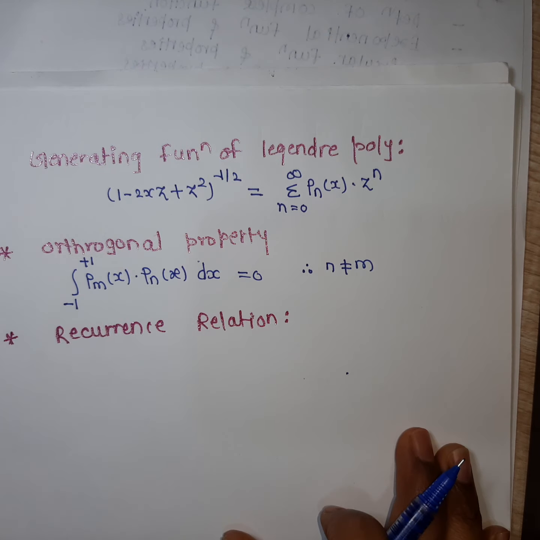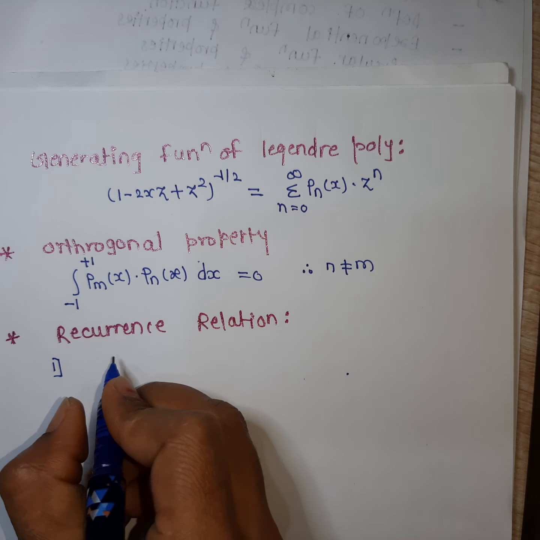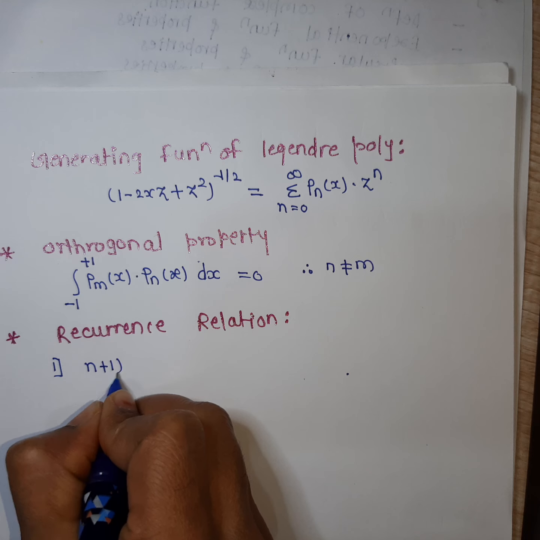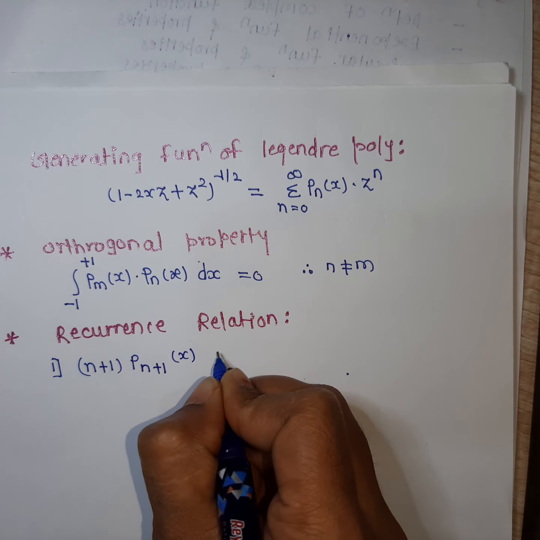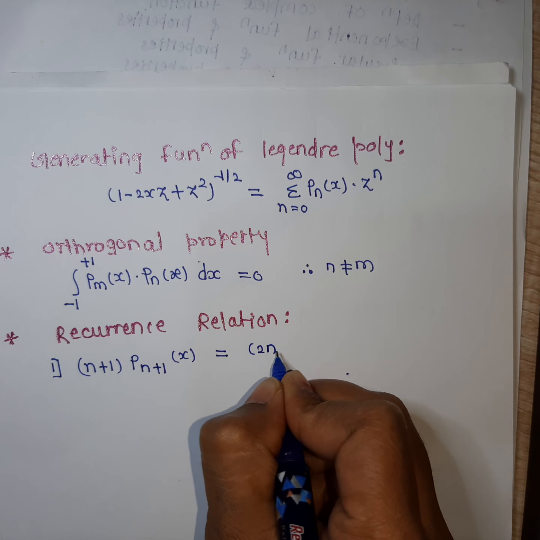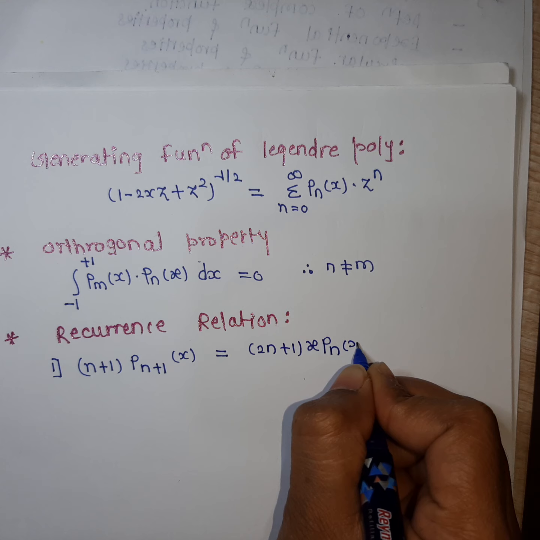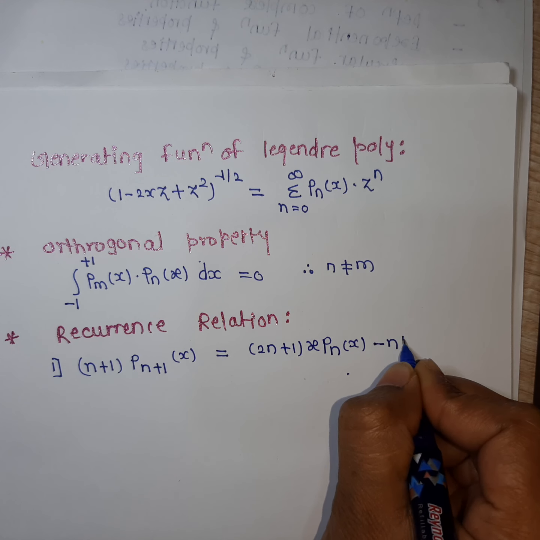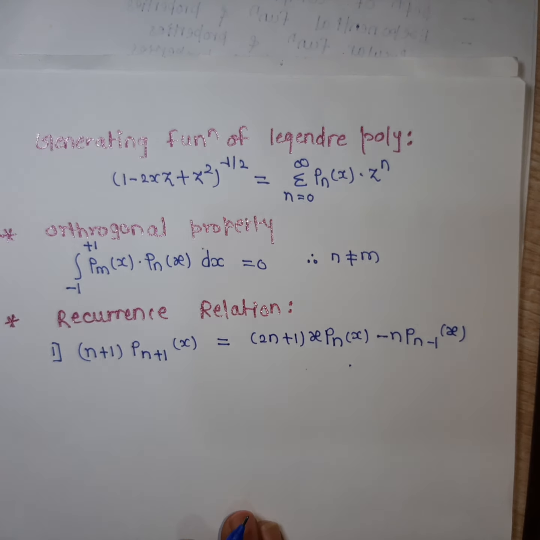I will give you one by one. First one is (n plus 1) Pn plus 1 of x is equal to (2n plus 1) x Pn of x minus n Pn minus 1 of x.